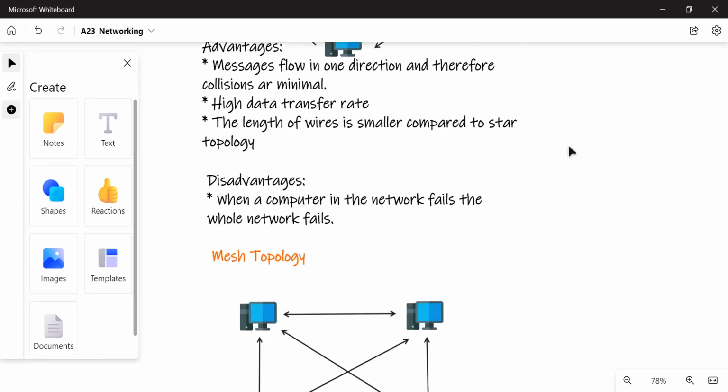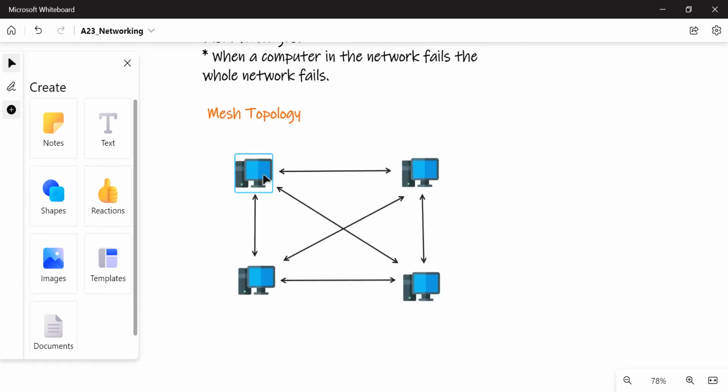So let's move on to mesh topology. In mesh topology also, we can write down a little bit. So mesh topology, I told you computers are connected to each other in every possible way.